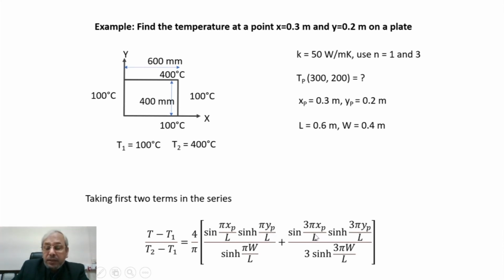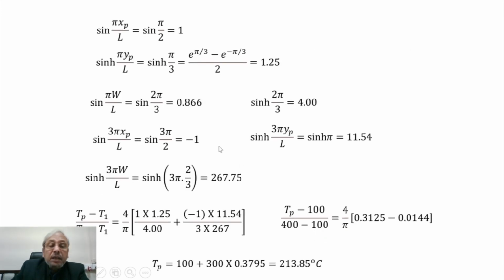and substituted, and we can see (Tp minus 100) divided by (400 minus 100), T2 is 400, T1 is 100, equal to 4 by pi into, just a matter of algebra, 0.3125 minus 0.144.